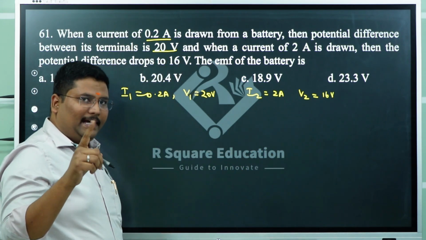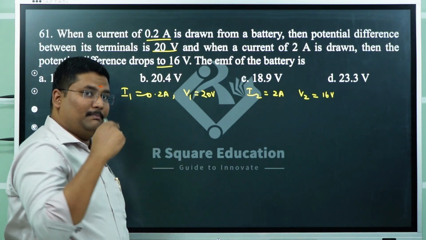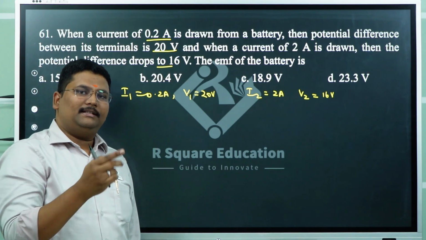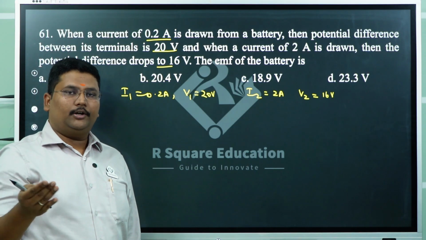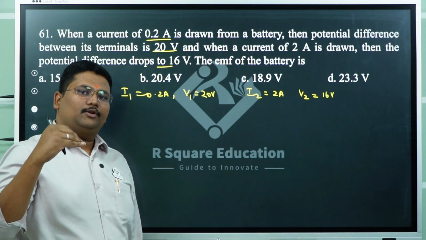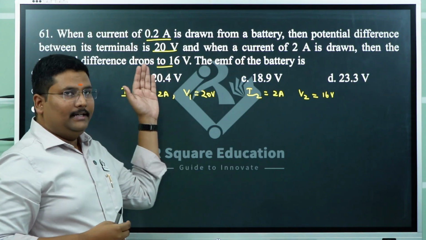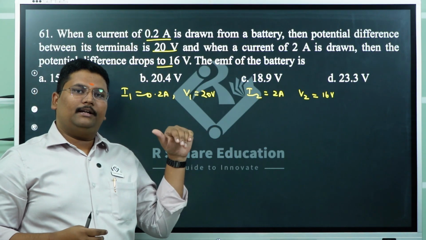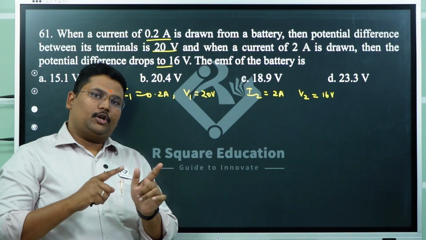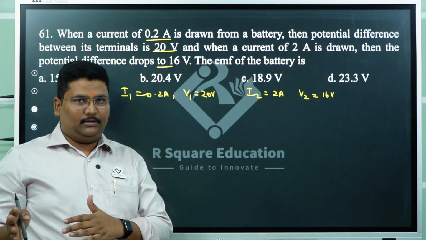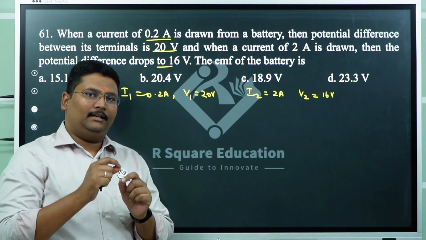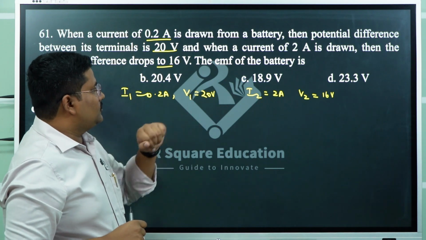We have to be very careful with drops to and drops by. Drops to 16 means it is going to become 16 volt. Drops by 16 means it is going to reduce by 16 volt, which means if it is already 20 volt and drops by 16 volt, then it's going to be 4 volt. So drops to 16 volt means it's going to be 16 volt. You have to be very careful in understanding the question. So V2 is going to be 16 volt.